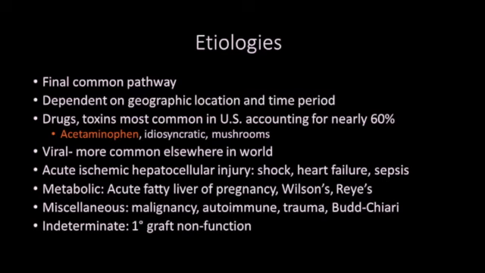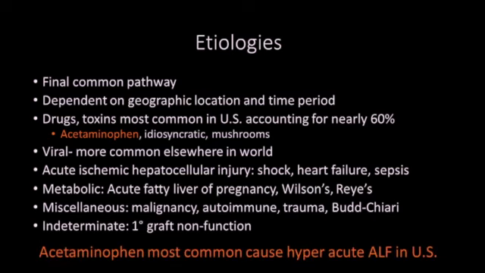There are various miscellaneous causes, as you can see, which we'll also discuss a few of these, and of them, autoimmune hepatitis is probably somewhat more common than many of the others, and people think that may be the etiology for some of the idiosyncratic causes. We just are unable to prove it. Indeterminate causes include primary graft non-function in liver transplant patients. As I said again, acetaminophen is the most common cause of fulminant liver failure in the United States and also the most common cause of hyperacute liver failure.